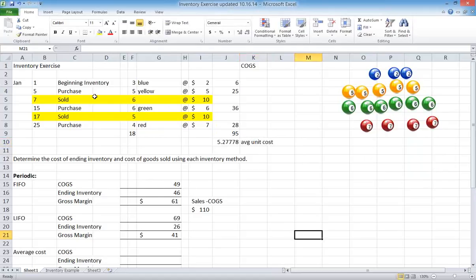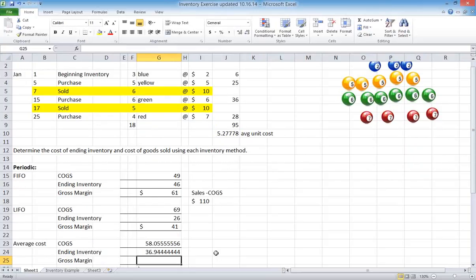So then I sold 11. My cost of goods sold is 11 times my average cost. If I sold 11, then I have 7 left. 7 times my average cost.